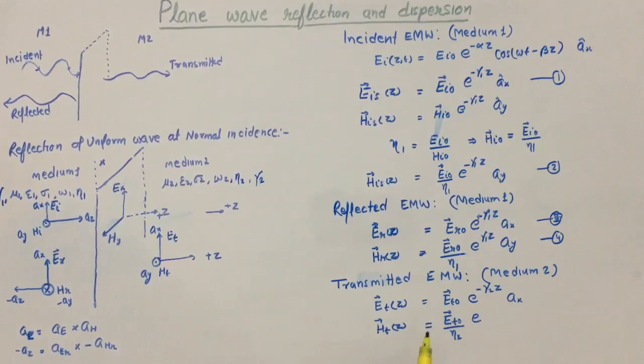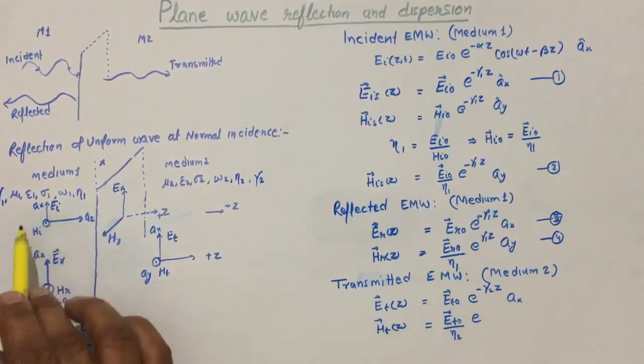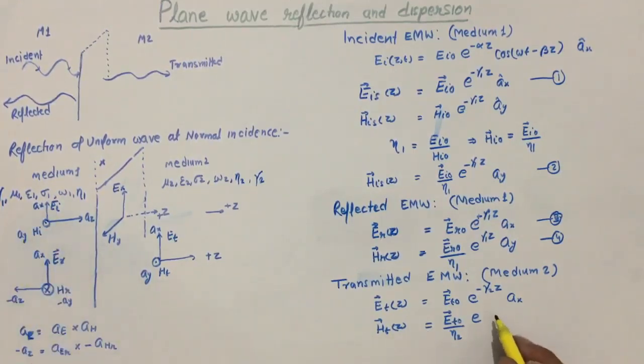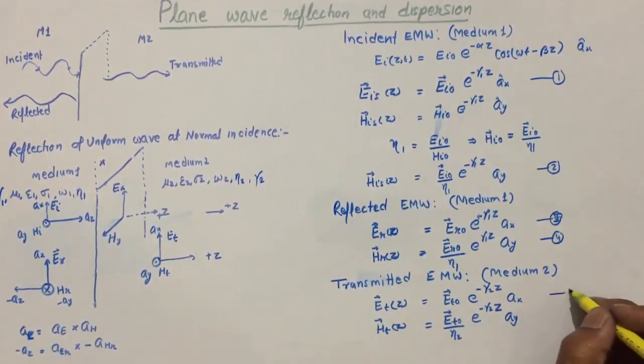It is following completely the incident wave, in a different manner except for the material. So it will be minus gamma 2 z in the direction of a_y. It will follow exactly the same. Now, in this way, we have 6 equations.